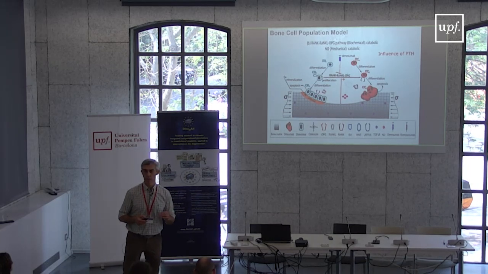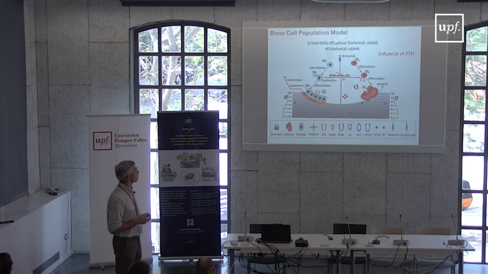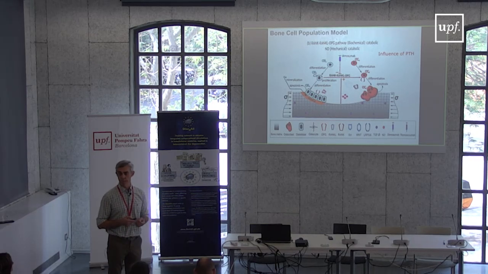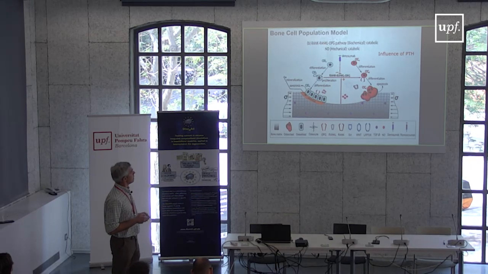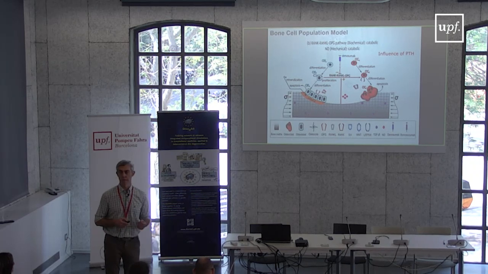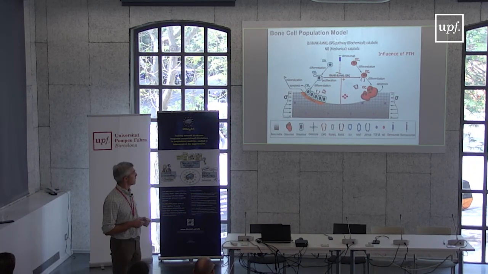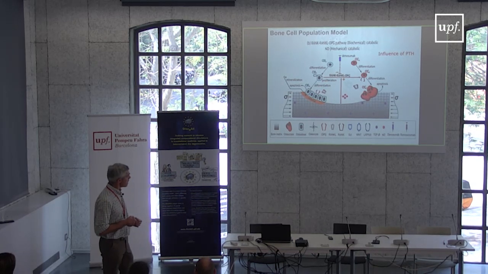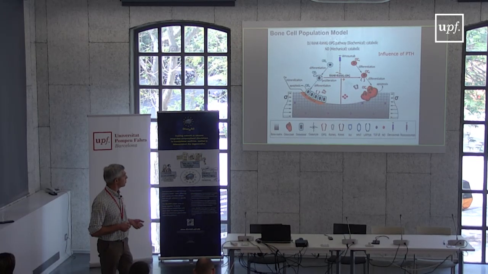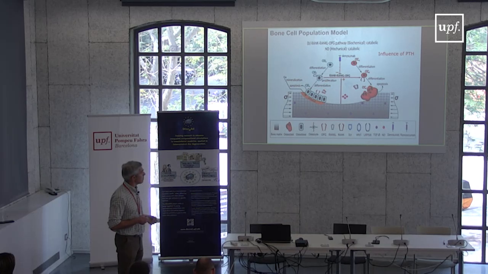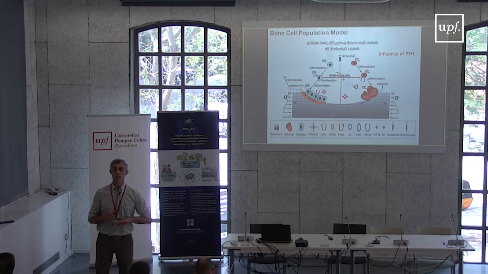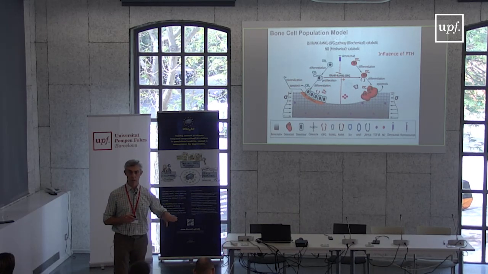Another pathway which is worth mentioning is the RANK ligand OPG signaling pathway. RANK is a protein which is expressed on the surface of osteoclast precursors, and when it binds to RANK ligand, which is expressed or secreted by osteoblast precursors and also by osteocytes, which are embedded in the bone matrix, then the binding of RANK and RANK ligand triggers differentiation of osteoclasts.